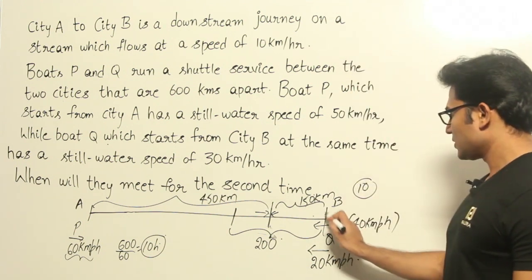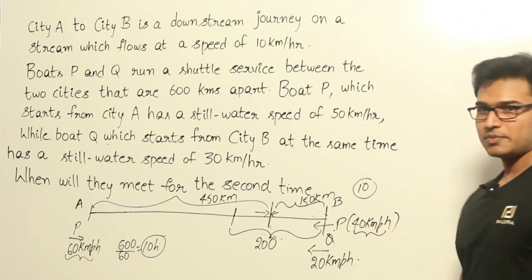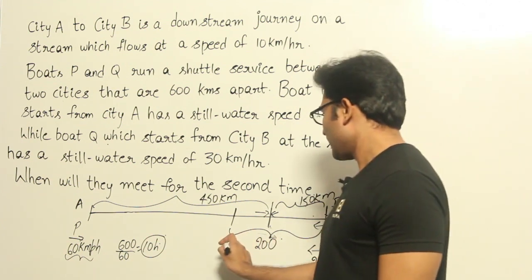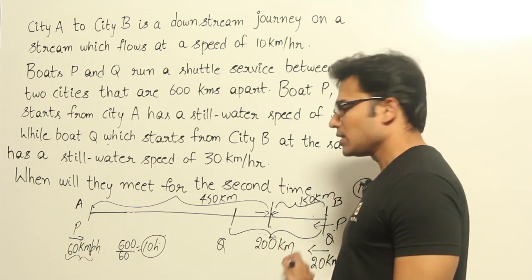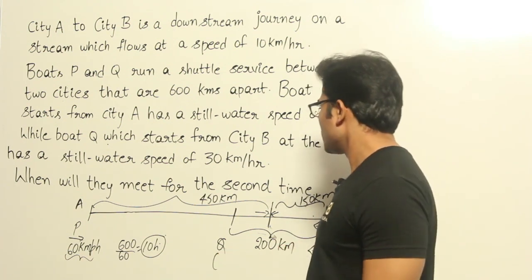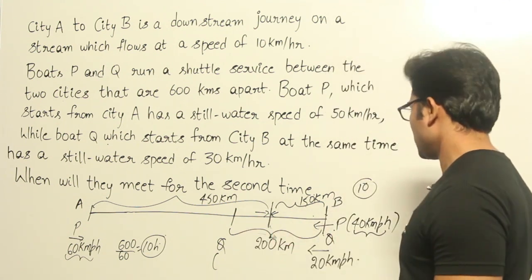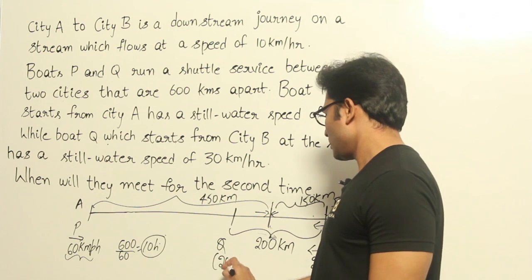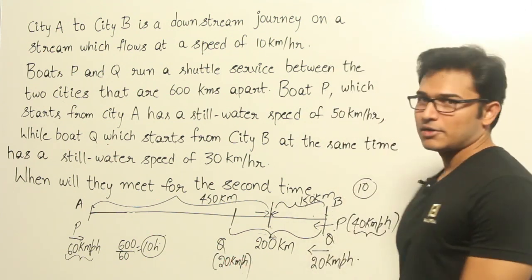P is at B traveling at a speed of 40 kilometers per hour, and Q is at some point which is 200 kilometers away from B, and it is going in the same direction. It is again traveling at 20 kilometers per hour, right?